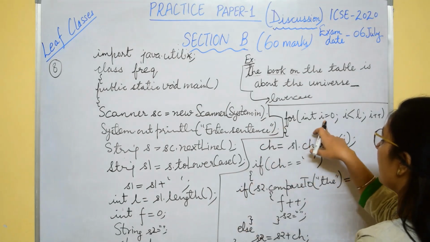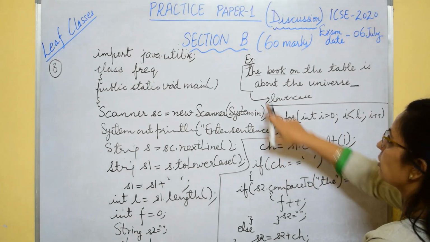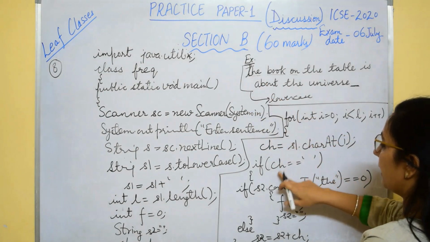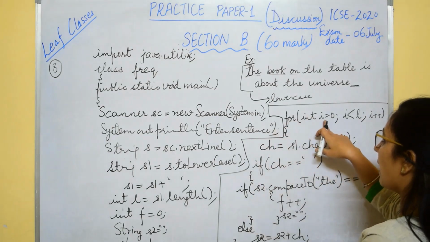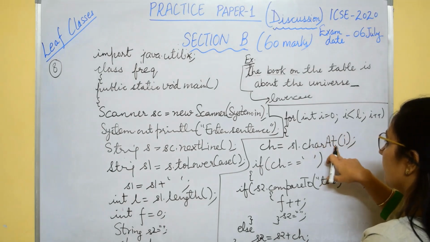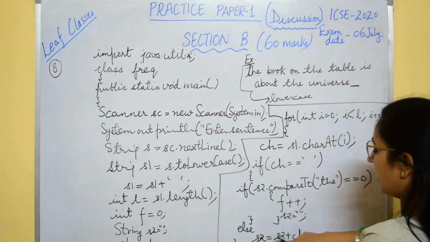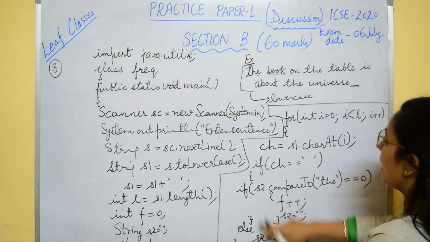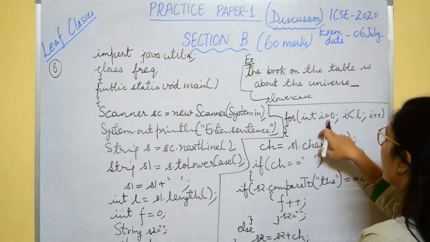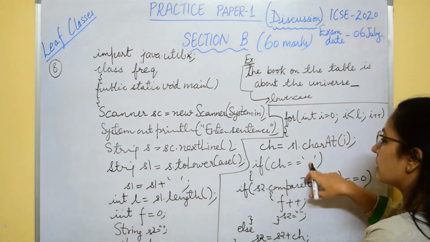Then when i becomes 1, this ch will be h, and again this condition is false. It will be t plus h, th. Then i will become 2, charAt will give e, and then s2 will be th plus e, the. Then when i becomes 3, in the ch variable you will get space.